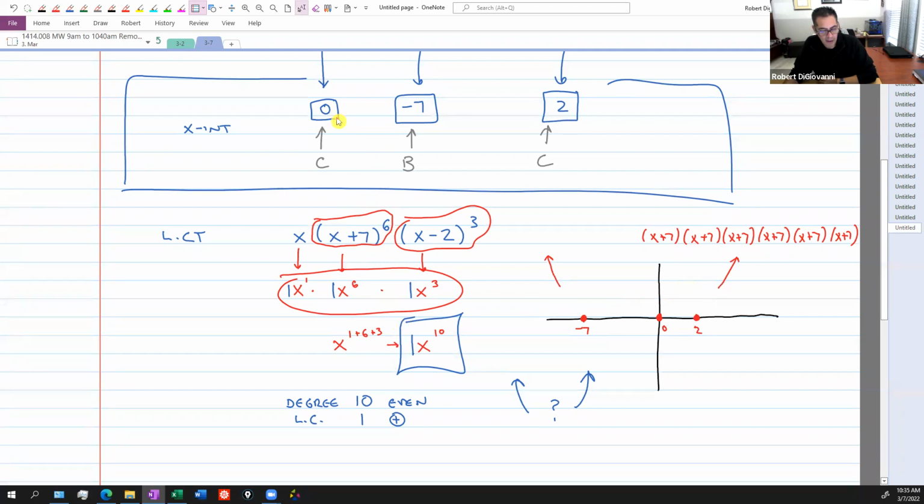And then back up here at -7, I'm going to bounce. So I'm going to bounce off the x-axis there. And then at the other two x-intercepts, I cross. So I'm going to cross through, connect, and be done. That makes sense?